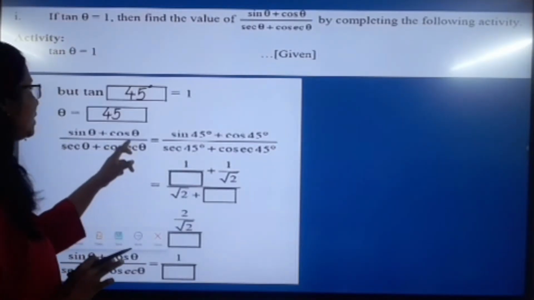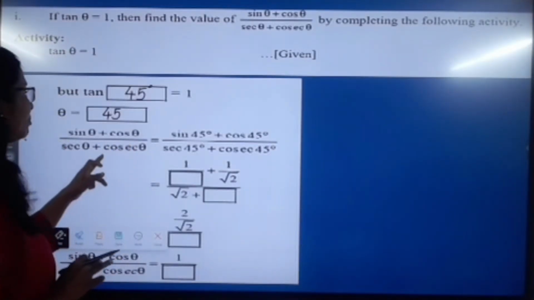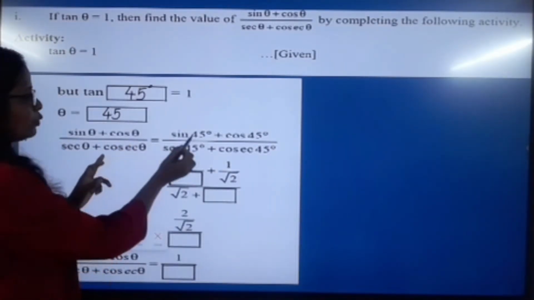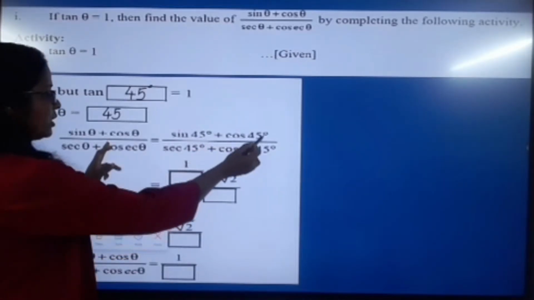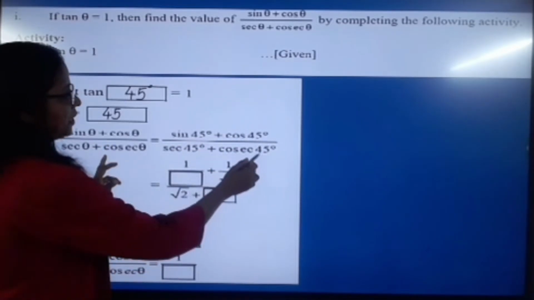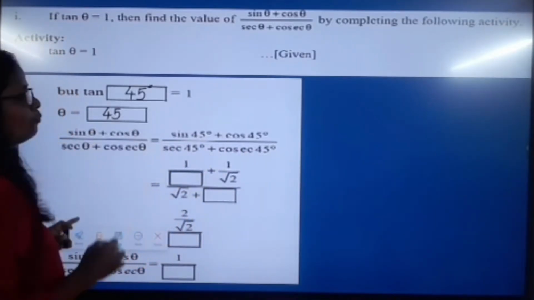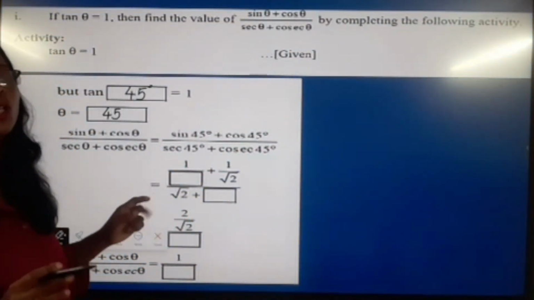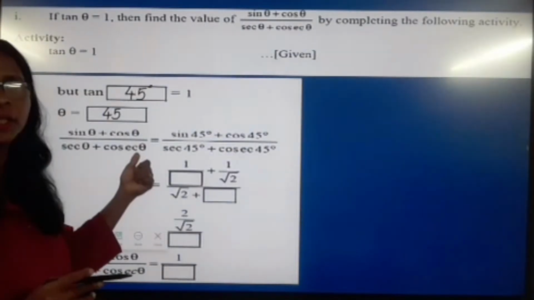Then sin theta plus cos theta upon sec theta plus cosec theta is equal to sin 45 plus cos 45 degree divided by sec 45 degree plus cosec 45 degree. In each angle we substitute 45 degree because the given angle is 45 degree.